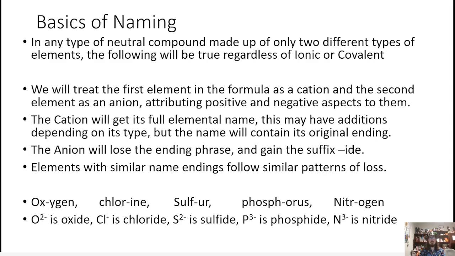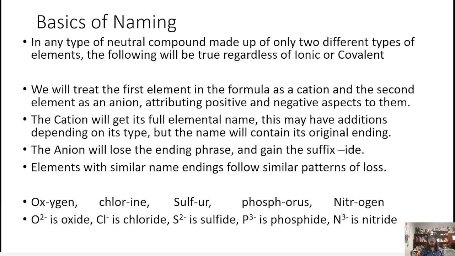In these names, the cation will always get its full elemental name. Now, this may have other additions depending on certain factors, but the name will always contain its original ending. An anion will always lose its ending suffix and gain a new one, IDE.